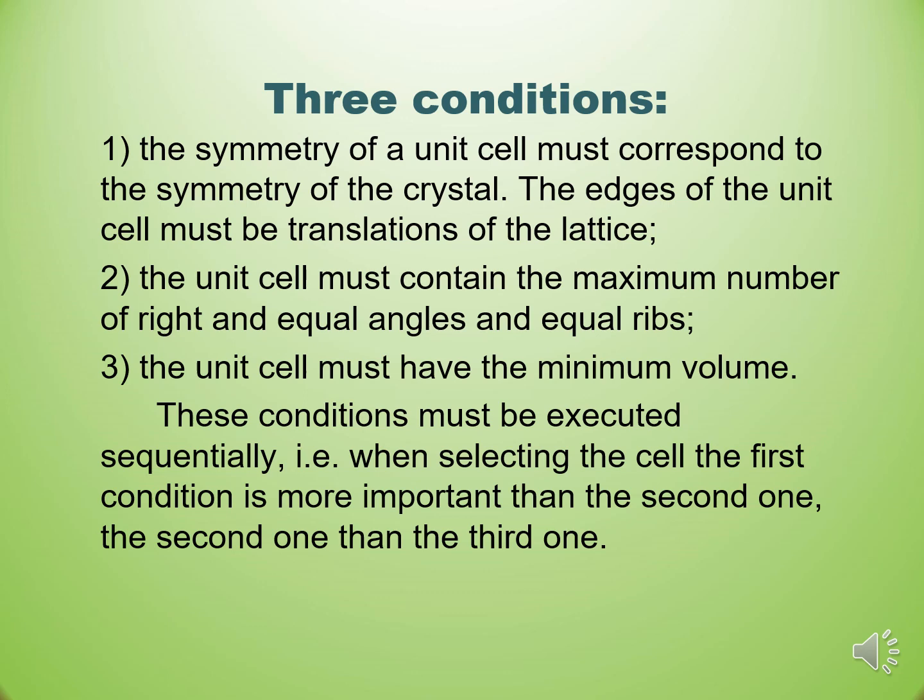And the last condition, the third, the unit cell must have the minimum volume. These conditions must be executed sequentially. In other words, when selecting the cell, the first condition is more important than the second one, and the second one is more important than the third one.